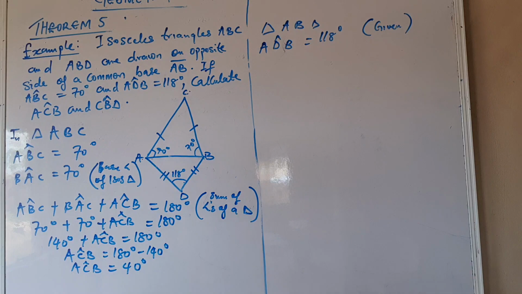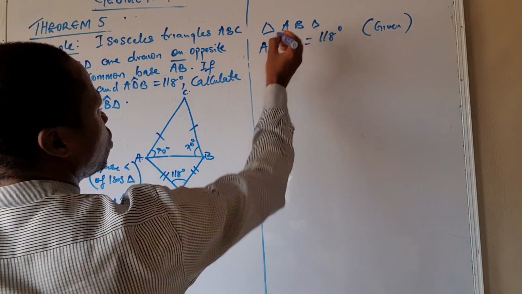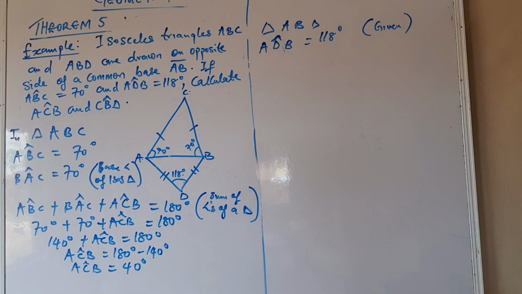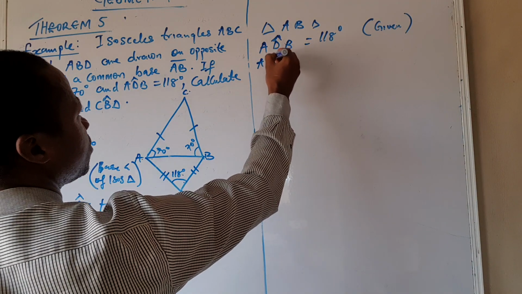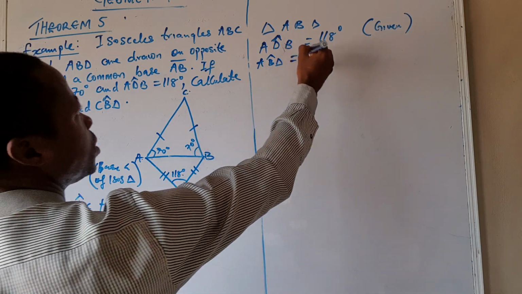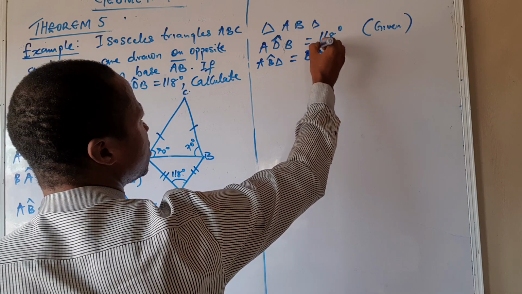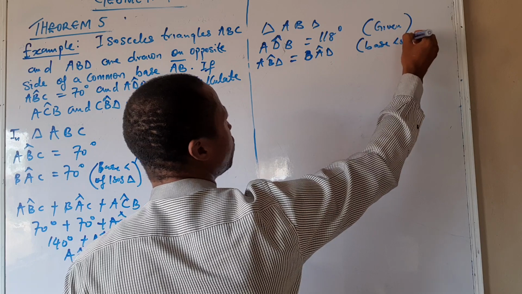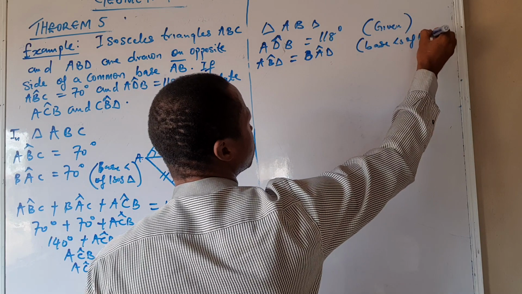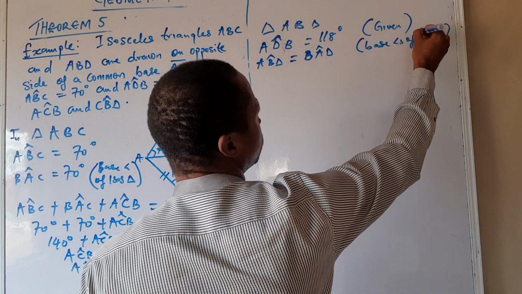And do not forget that our ABD is equal to our BAD, and that is because they are the base angles of an isosceles triangle.